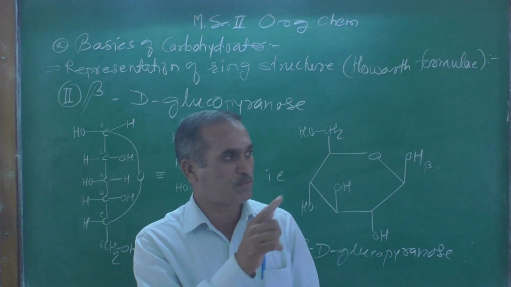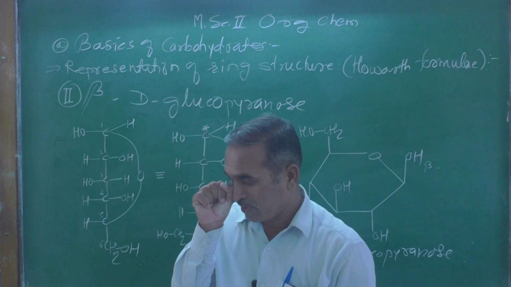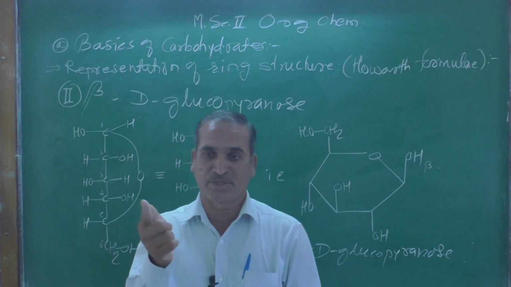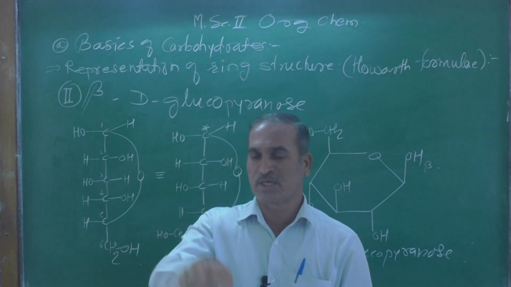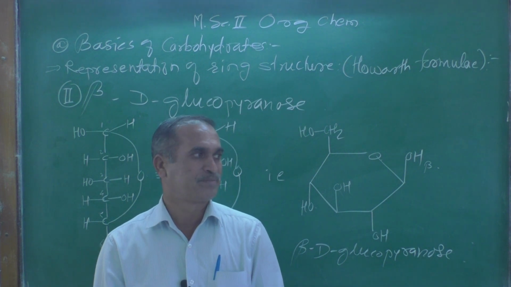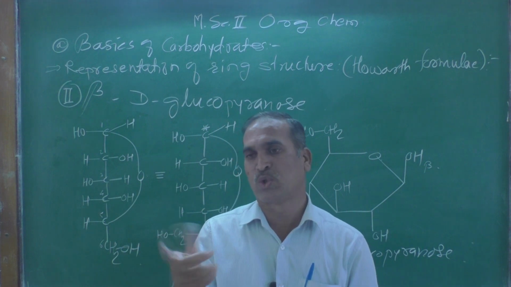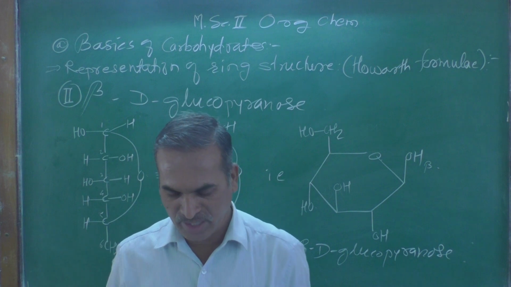Suppose alpha has R configuration, then beta must have S configuration. That type of optical isomers are known as anomers. So that is the thing we have learned.